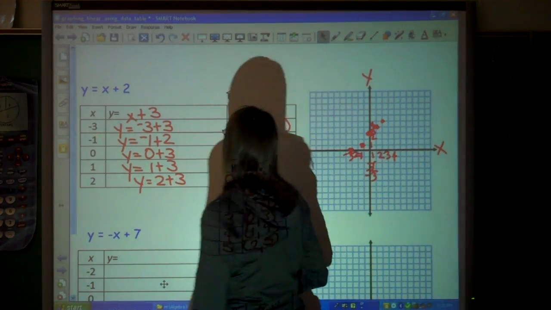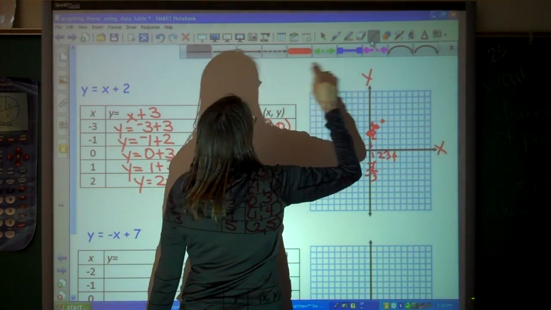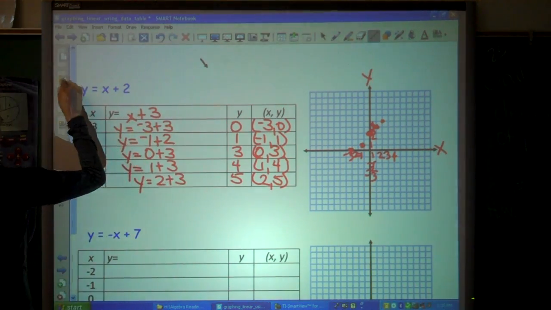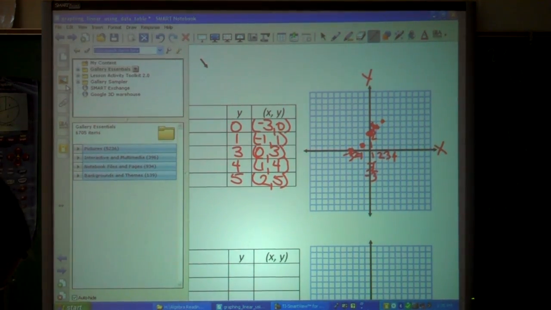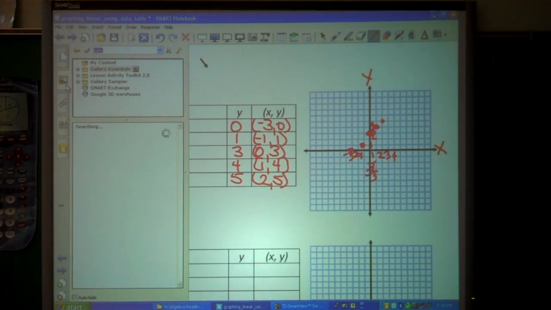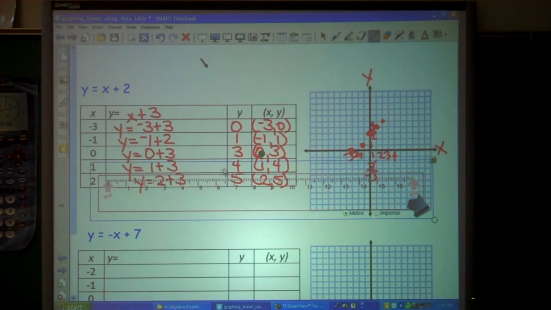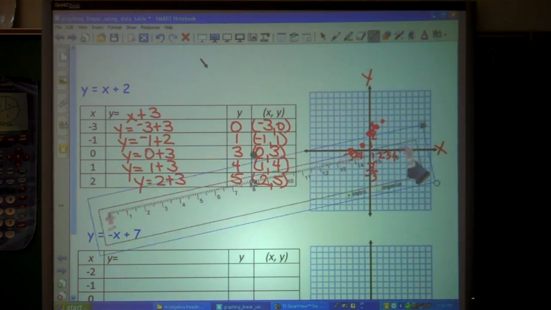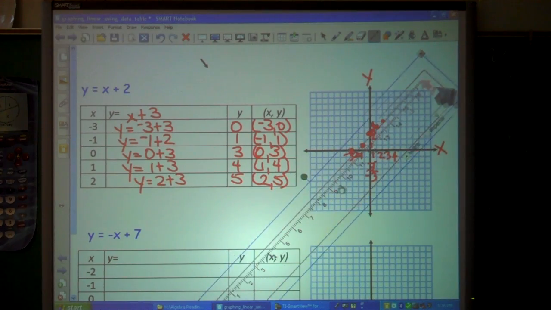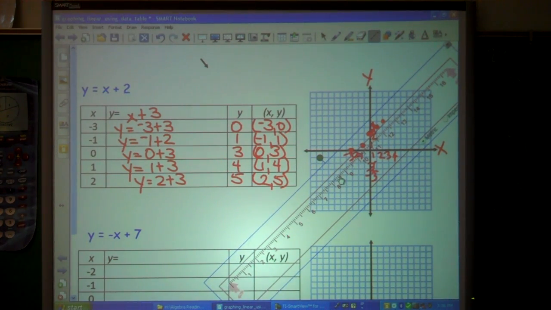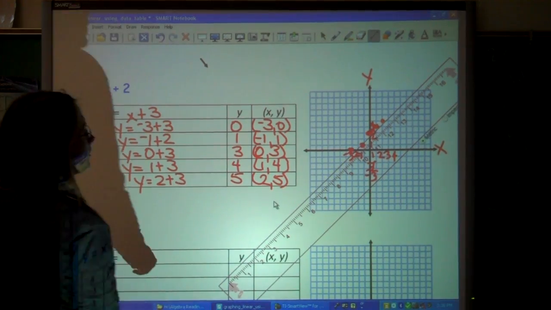And I'm going to take my straight edge. Let me get my ruler. I'm going to line it up with my points, and then I'm going to take my pencil and draw a straight line.